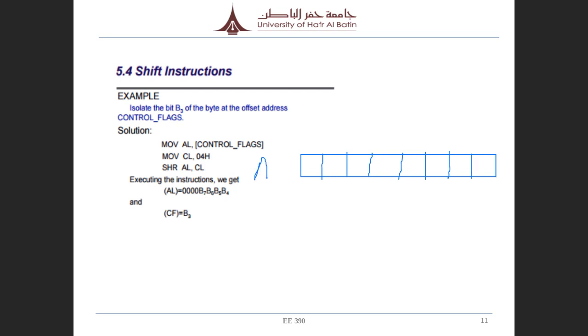So AL, for example, this one: 0 1 0 1 0 0 1 1. Okay, for example, this is the AL value.